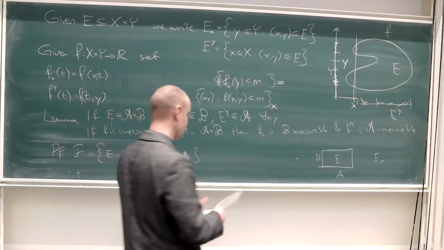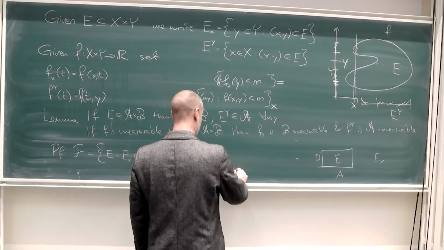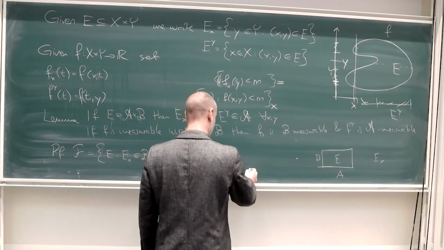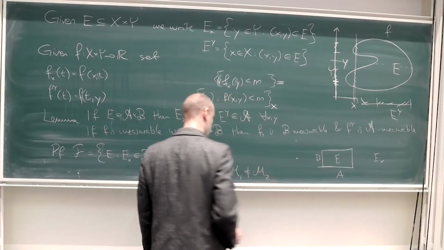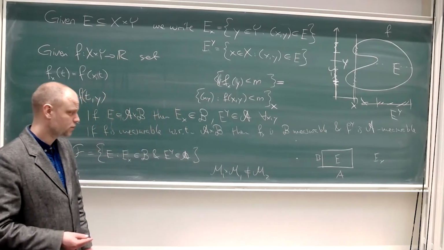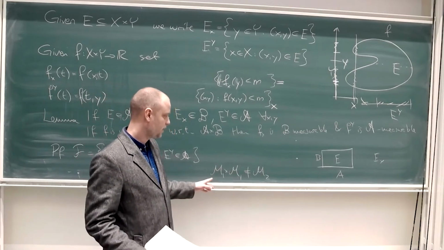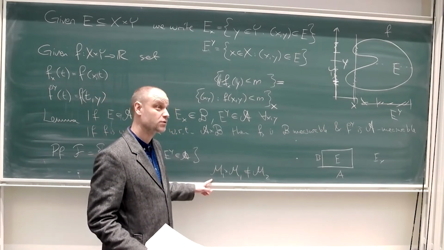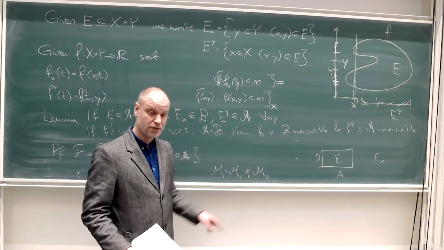And now this gives us, I'll just squeeze it in here, with this lemma, an easy way of seeing that these two are not the same. So how do we do that? Well, we just need to construct a set which should not be in here, but should be in there.